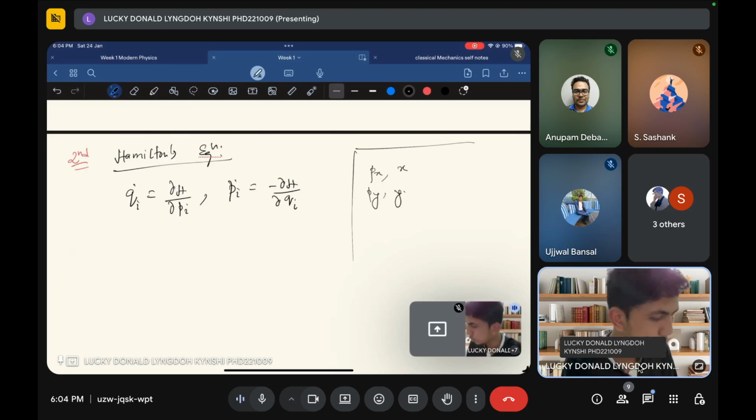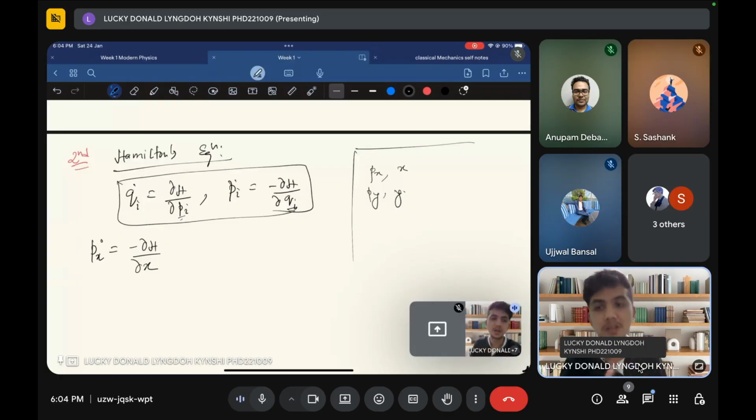So first of all, let's solve for px first. Px dot will be equal to minus del H divided by del, instead of qi it will simply be x. Remember that qi, pi are the generalized coordinates, just general variables.